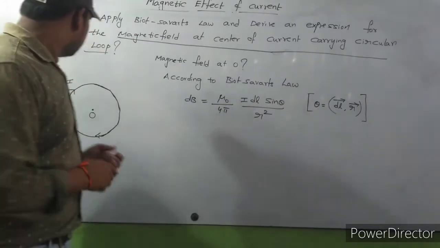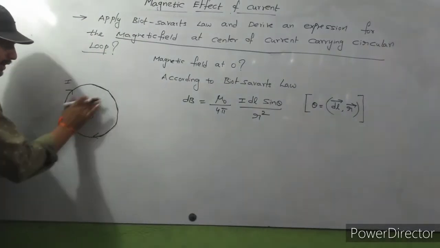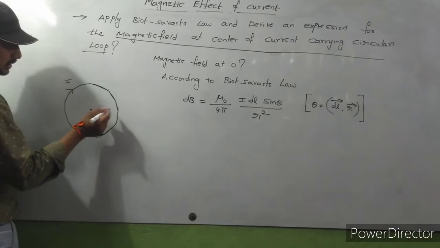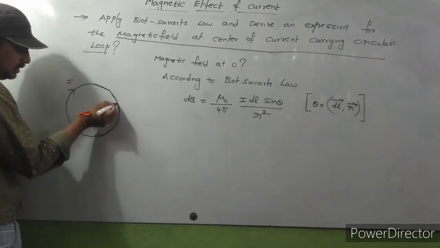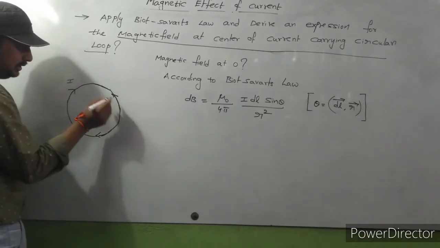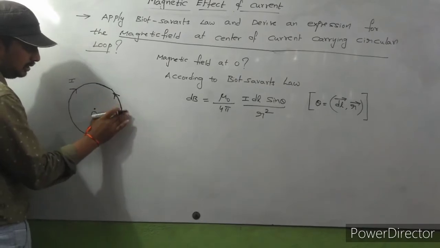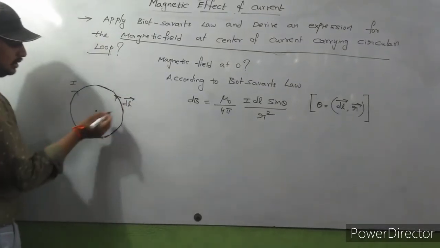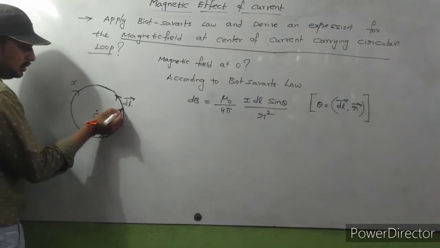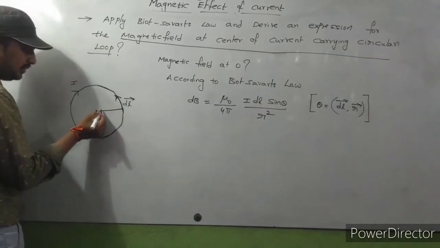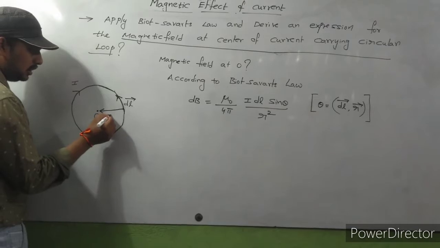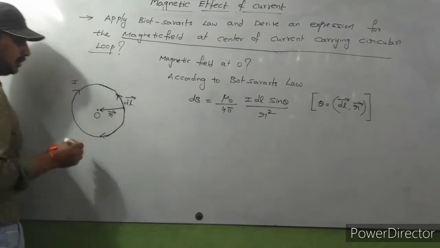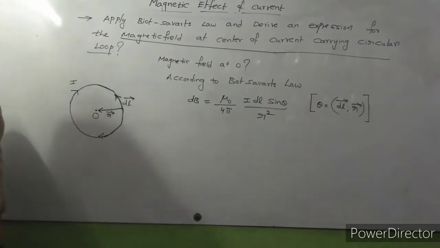So here I'll consider this as dl bar, some small element of length dl bar. And here it is the position vector r bar, or radial vector also we call it.